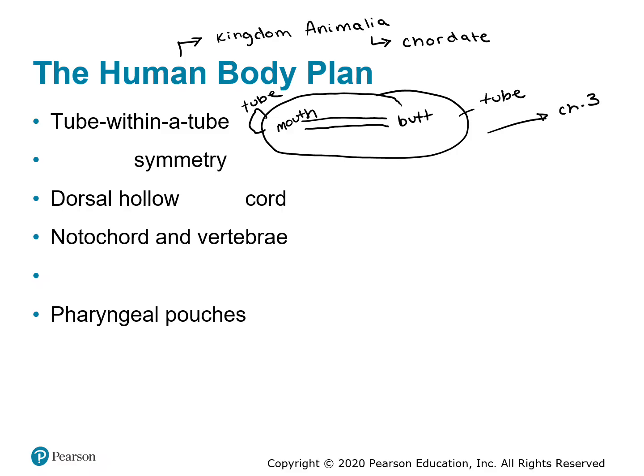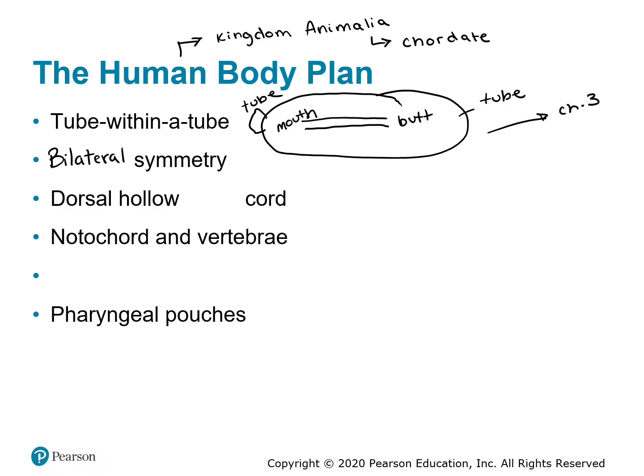So that tube within a tube body plan, chordates have bilateral symmetry. Meaning what you see on one side, you will see on the other side, right? So if, again, you cut me right in half on that mid-sagittal plane, the two halves of me would be symmetrical. My right hand lines up with my left hand just fine, okay? So chordates have bilateral symmetry.